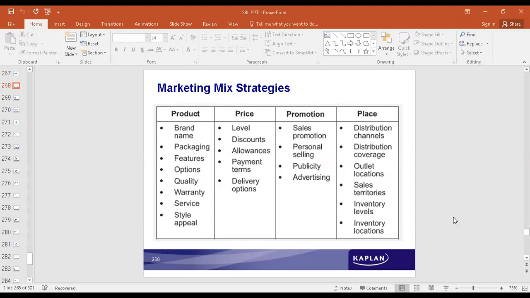About the product, these are the features which we see: the brand name, packaging, how it's taken up, the features, options, quality, warranty, service, and style appeal. These are about the product. So what's the marketing mix?